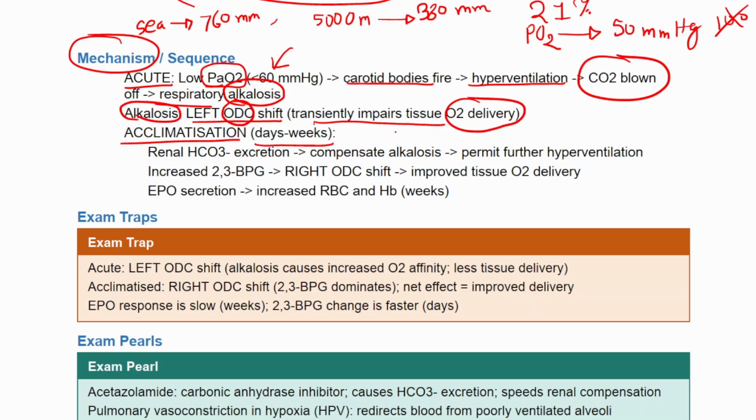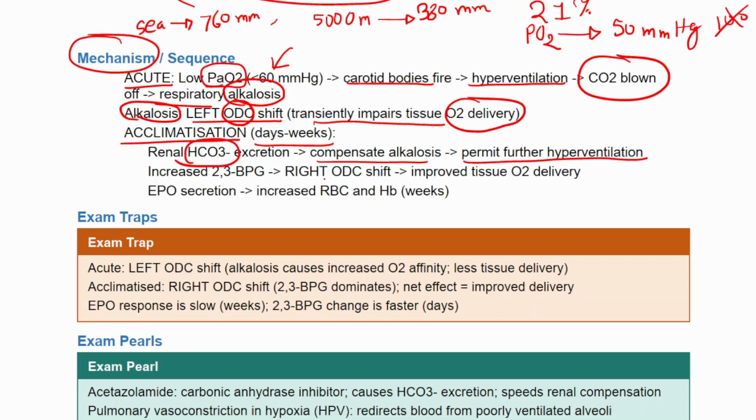The kidneys detect the alkalosis and compensate by excreting bicarbonate ion. This lowers the plasma bicarbonate, normalizes pH, and compensates for alkalosis, which allows the ventilatory drive to continue, written here as permit further hyperventilation.